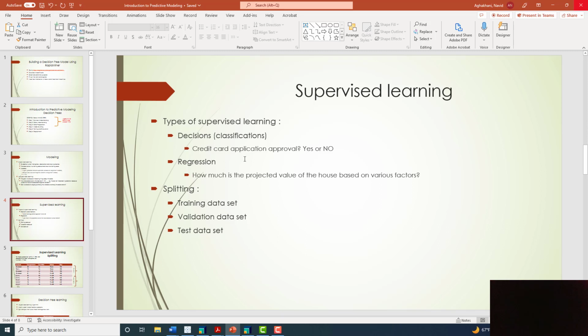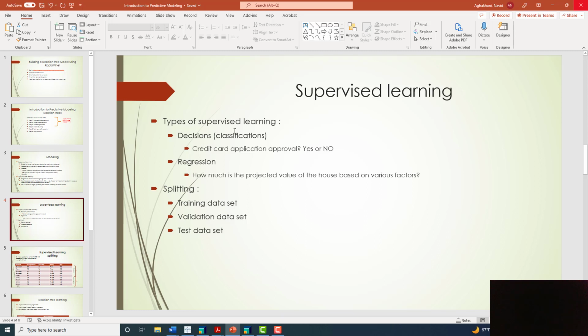For example, we can use a supervised learning model to predict two different classes. For instance, let's say you are in a financial institution and you receive information about a new applicant for a credit card.